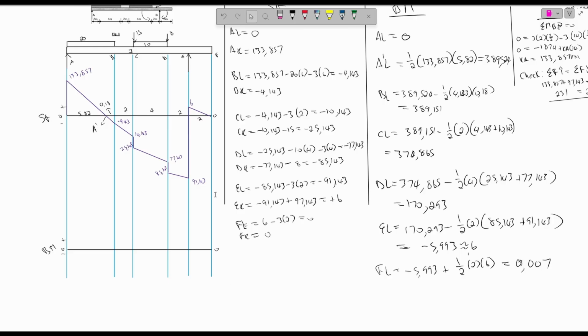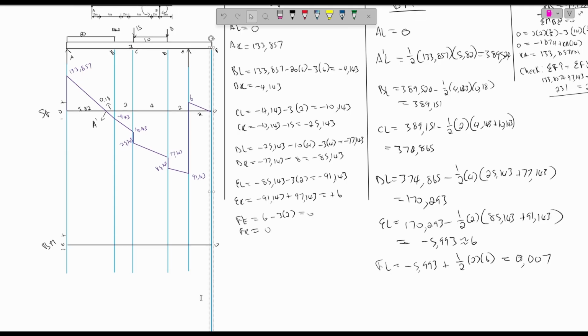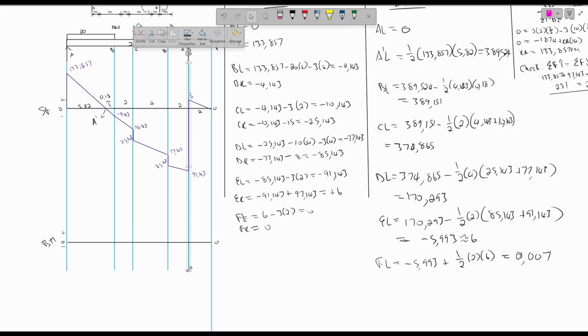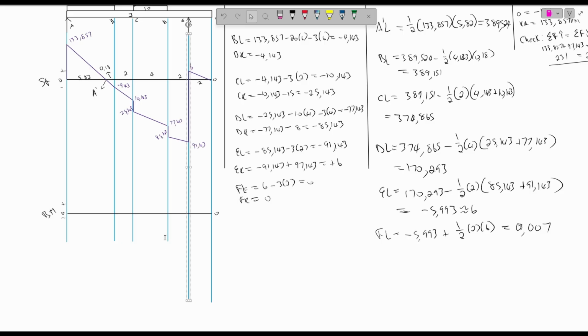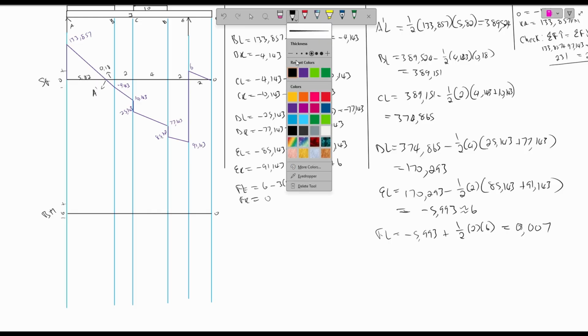Now let's draw this bending moment diagram. Let's use right.